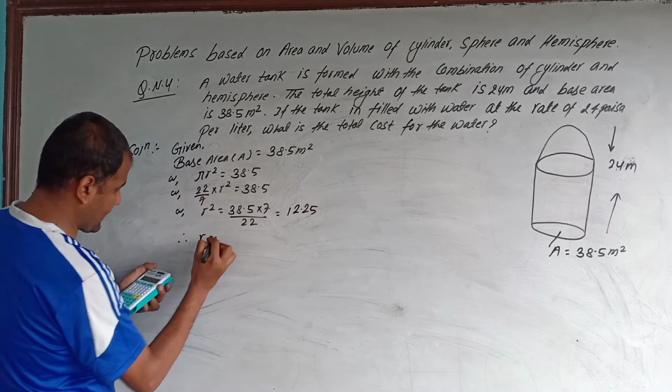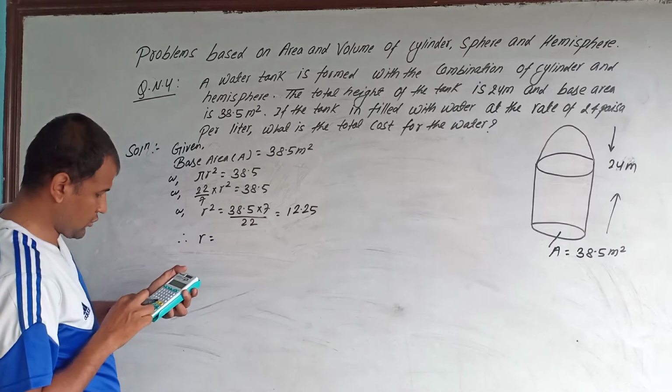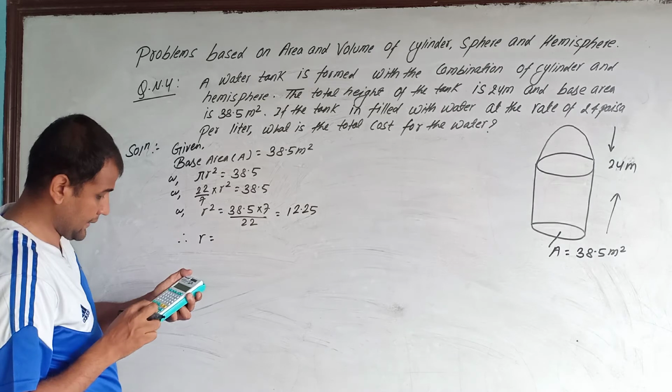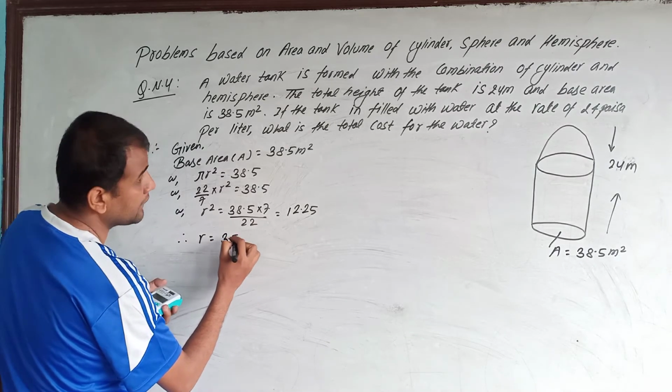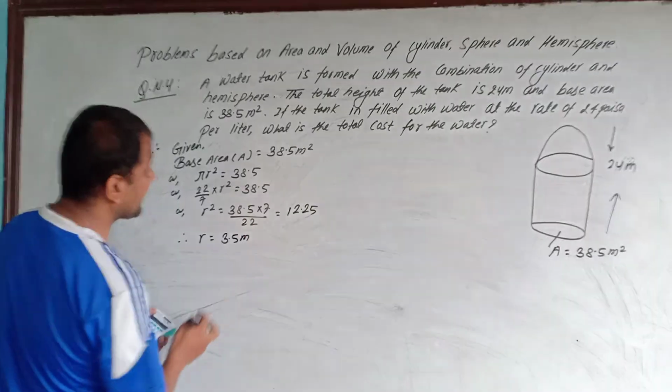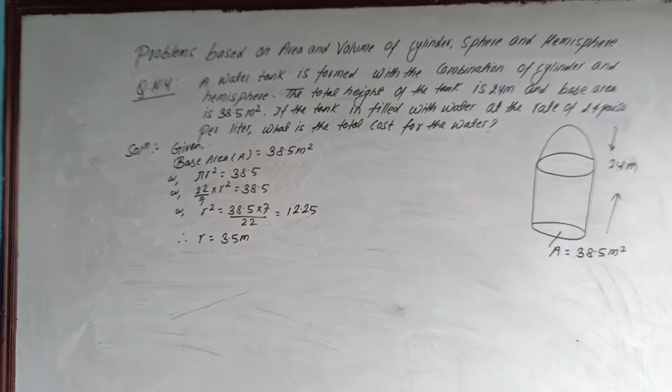Therefore, r is equal to under root 12.25, that is equal to 3.5 meter, the radius of the base.